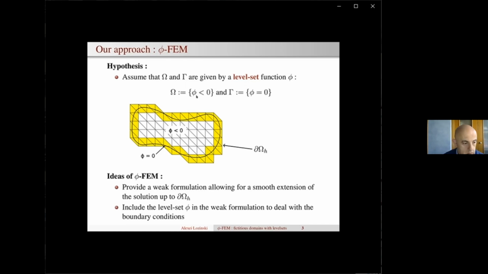Phi is simply something negative inside the physical domain omega, vanishing on its boundary gamma. And the starting point of our method is to provide a weak formulation of the problem, allowing for a smooth extension of the solution up to the boundary of the computational domain omega h. And we also include the level set phi in the weak formulation.